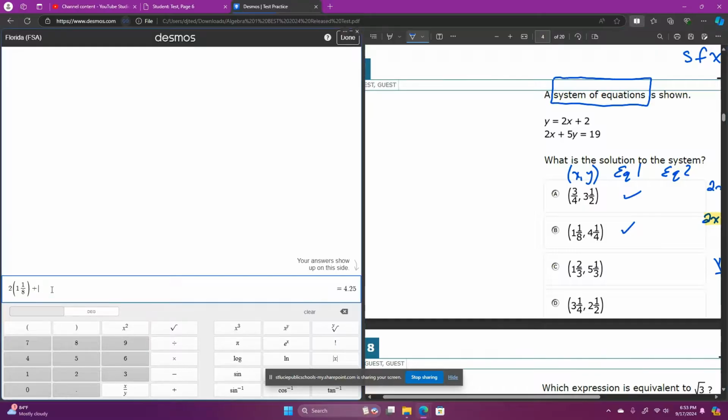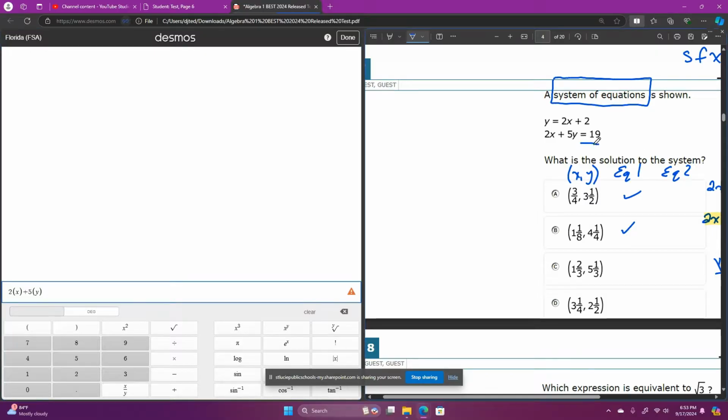But now, I'm not going to try them all because we already know the answer is A because we worked it out. I'm just showing you another method. If we try equation 2, 2x plus 5y, we know that we want it to be equal to 19 when I plug in our answer choices.